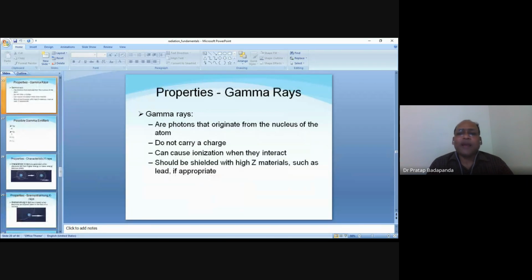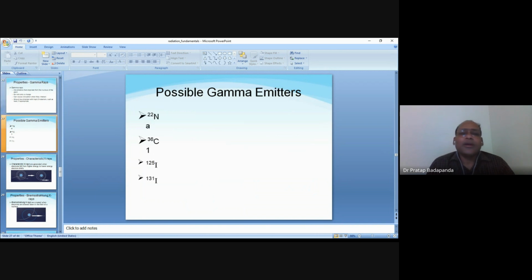Properties of a gamma ray: gamma rays are photons that originate from the nucleus of the atom, don't carry a charge, can cause ionization when they interact, and should be shielded with high Z material. Z means atomic number, materials such as lead. The possible gamma emitters include nitrogen 22, carbon 36, then indium 125, 131.